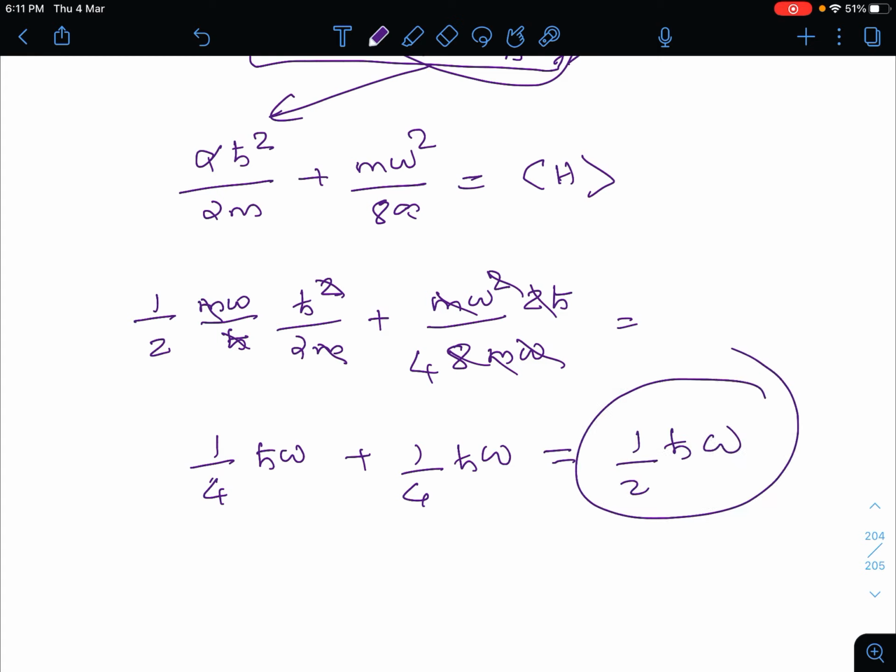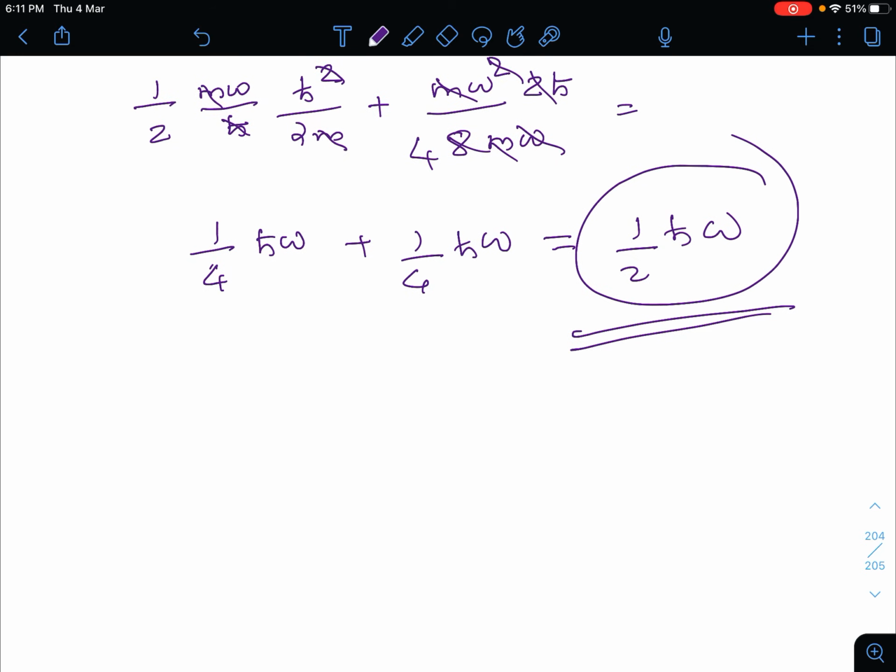See the beauty. We know that already. We know that the ground state energy of a linear one-dimensional harmonic oscillator is half h cross omega. So even with taking an arbitrary wave function which we don't know anything about, that is e raised to minus alpha x square, even with that wave function we got a Hamiltonian.